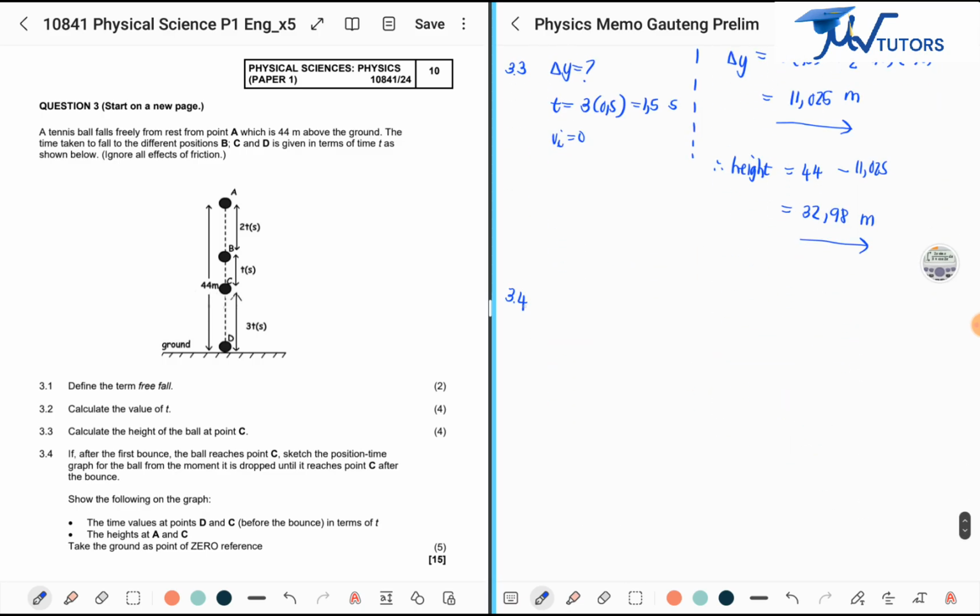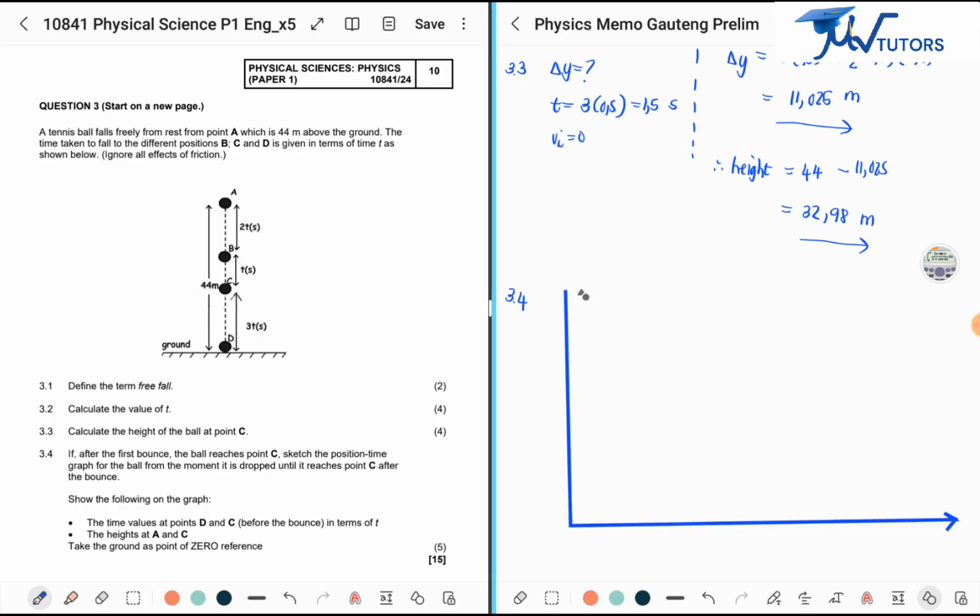Question 3.4 says, if after the first bounce the ball reaches point C, sketch the position time graph for the ball from the moment it is dropped until it reaches point C after the bounce. Show the following on the graph: the time values at point D and C before the bounce in terms of t, the heights at A and C, take the ground as point of 0 reference. So I'm going to just put there our graph.